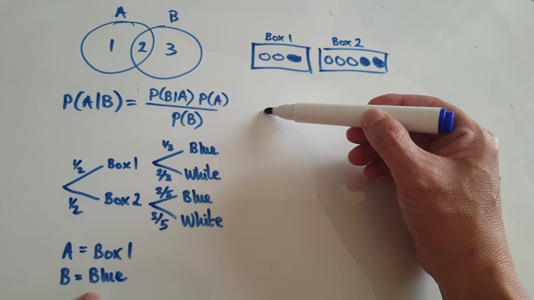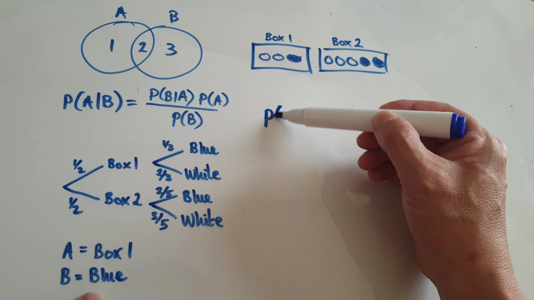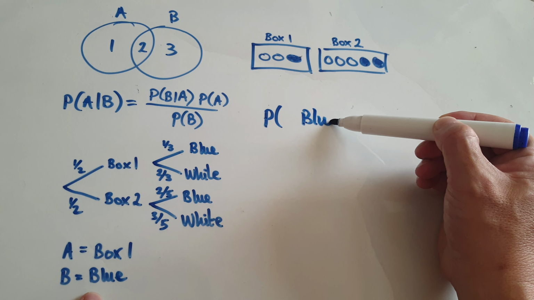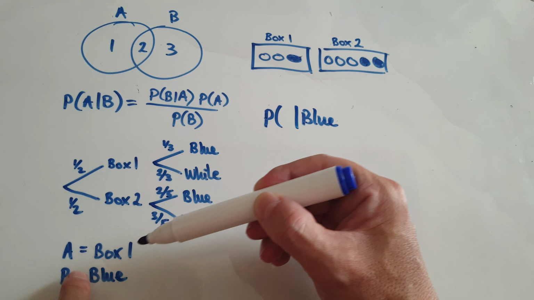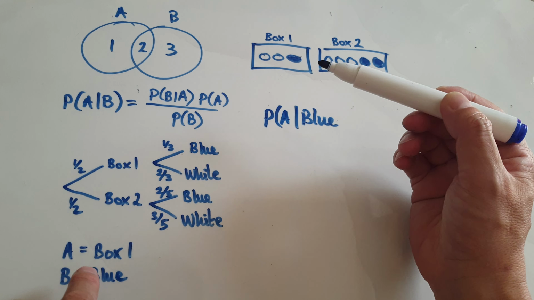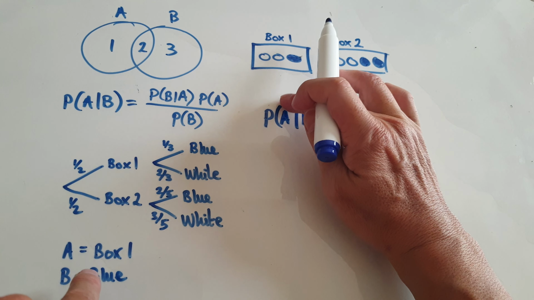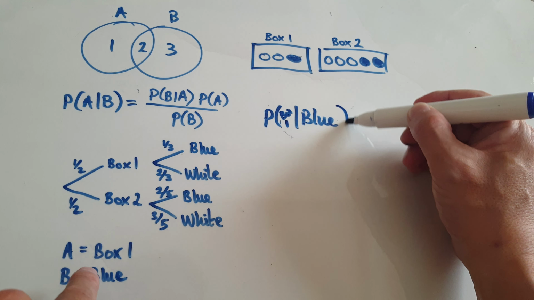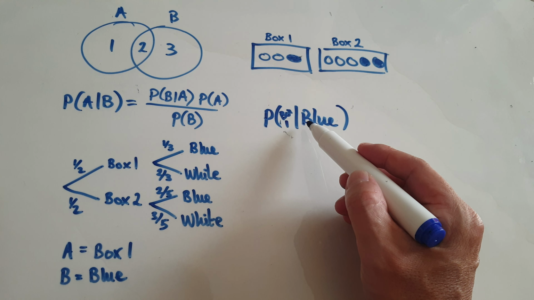So the question is, given that you picked a blue ball, what's the probability that it was box 1? So A happens to be box 1. So this is what you're trying to work out.